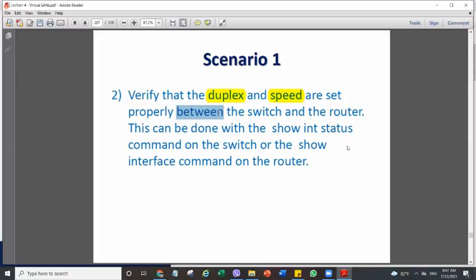This can be done with the show interface status command on the switch or the show interface command on the router. Then you can find the duplex and speed values. Both ends should be the same.